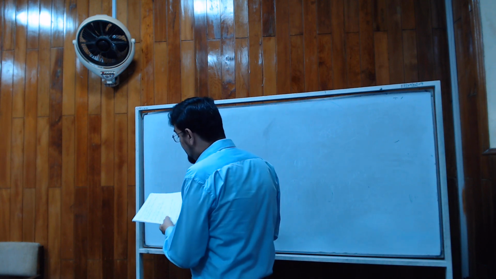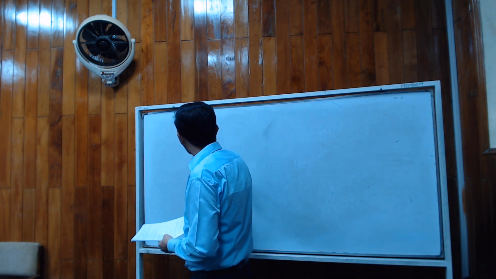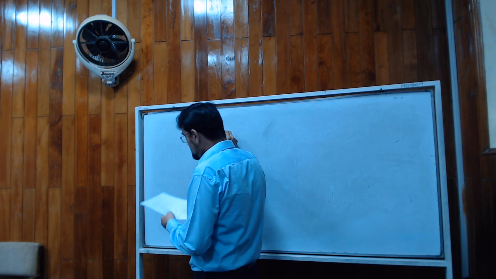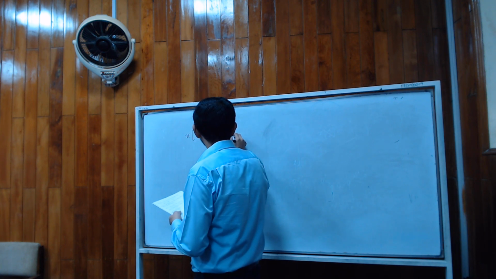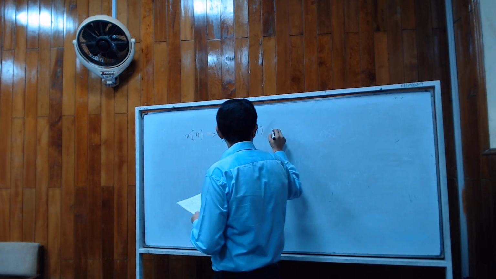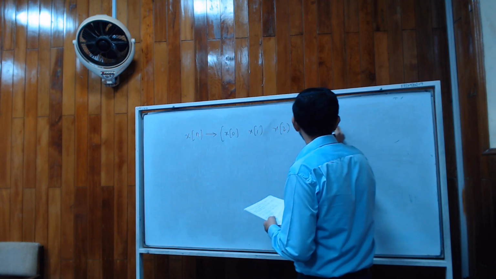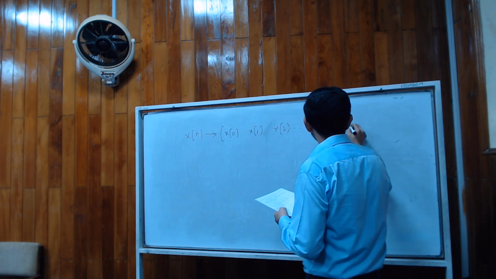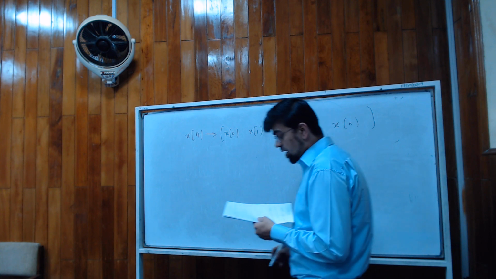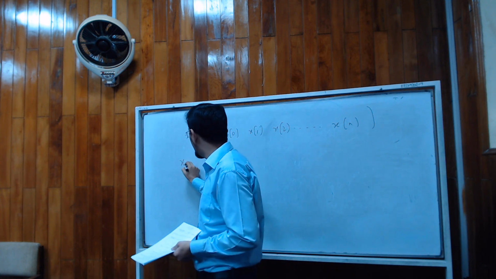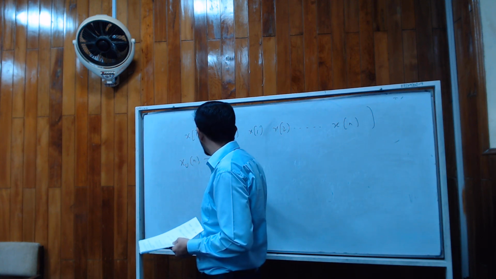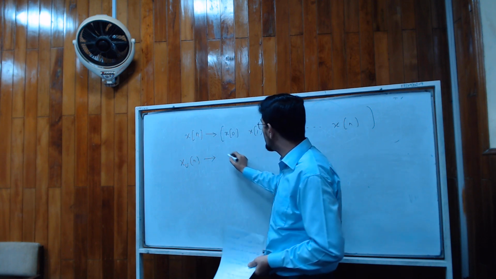So let's say you had this signal xn and you had its values x0, x1, x2, and so on, and you had to upsample it by a factor of 2. This is how we work with it.